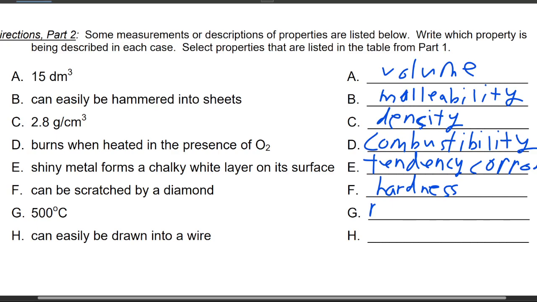That's probably our melting point. And now finally, letter H, we talked about the ability of a metal to be drawn into a wire. That's ductility. So that is all the practice I have. That is your lesson on extensive and intensive properties.